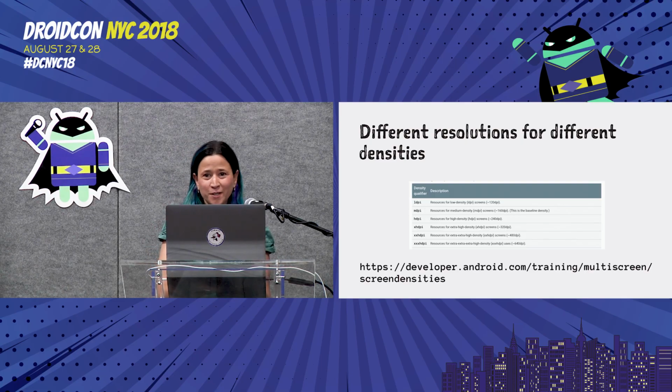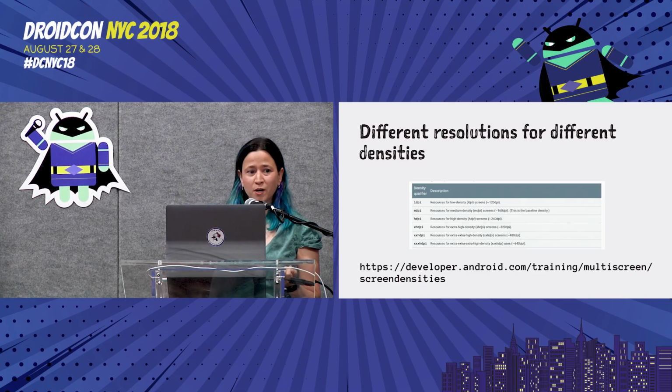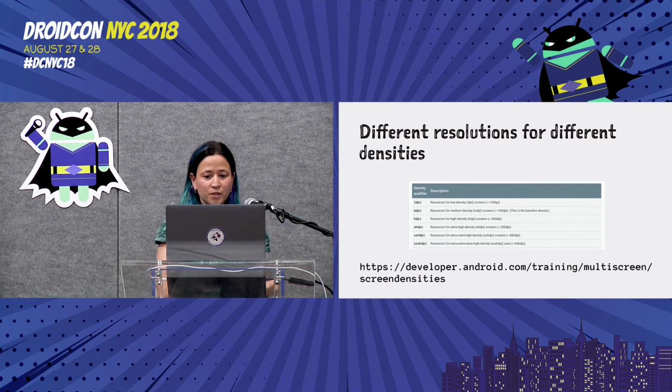And then we need to scale it either up or down into those different buckets. We don't necessarily need all of the buckets displayed on this list because Android will choose the closest approximation to the density that the screen has. But it is best practice, like I said, to provide more than one density.